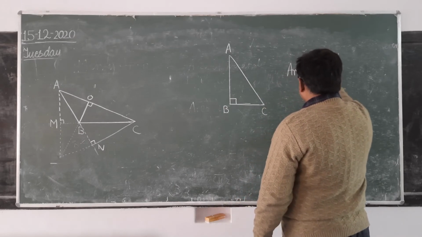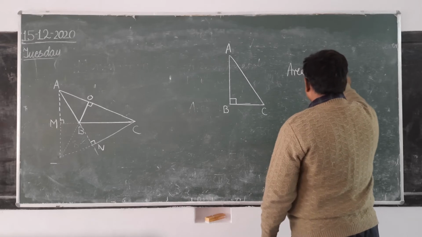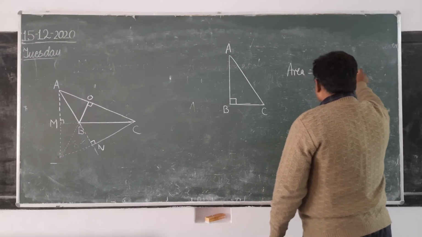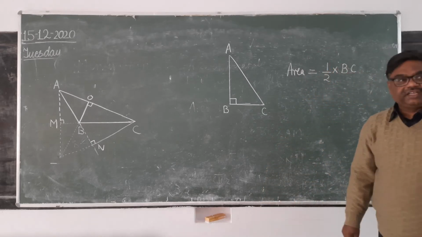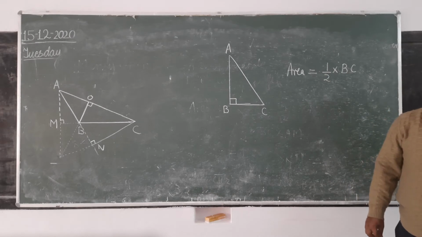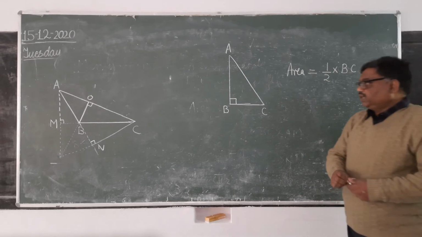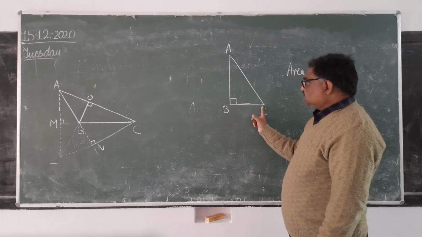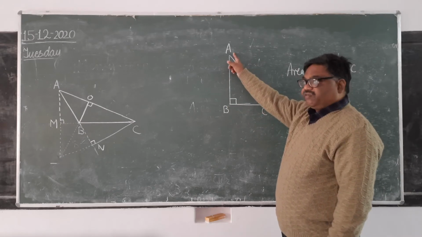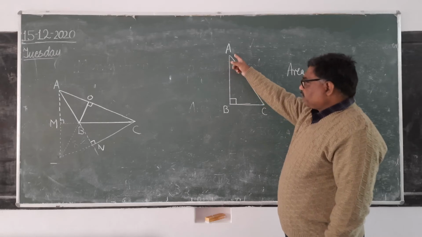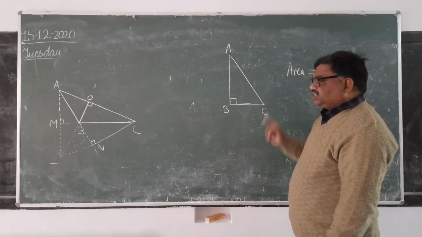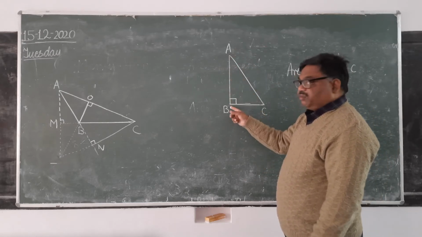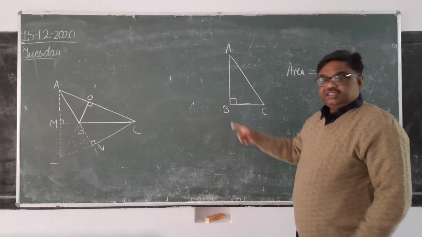If you take BC as the base, what will be the height here? Why? BC is the base, it is joining vertices B and C. Which vertex is left? A. Draw the perpendicular from A over BC, so it will be along AB. So the height is AB.